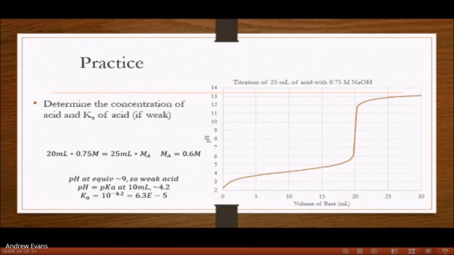But the last major topic of this chapter, which we'll get to, is Ksp. Ksp is the solubility product. It is predicting how much something will dissolve in solution. Specifically, it is often used for insoluble salts, those precipitation reactions we often used in General Chemistry 1.